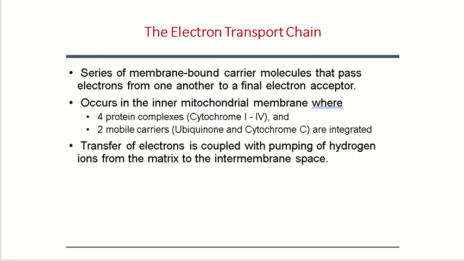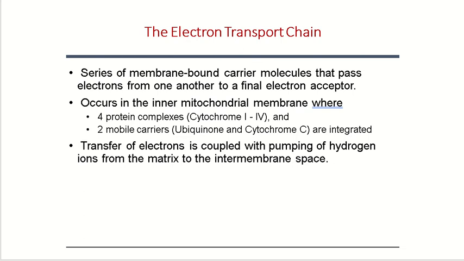Now, similar to the ETC of photosynthesis, there is the production of a proton gradient. However, for the case of the electron transport chain, the transfer of electrons is coupled with the pumping of hydrogen ions from the matrix.